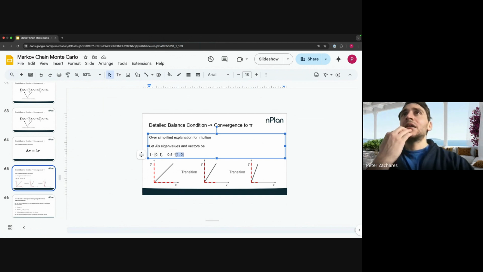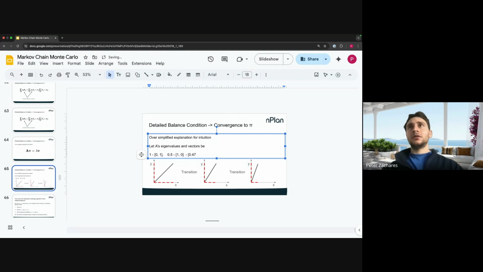You can see that I could give any random vector, say 0.47 and 1.2, and you could rewrite this as 0.47 times (1, 0) plus 1.2 times (0, 1), just as an example.